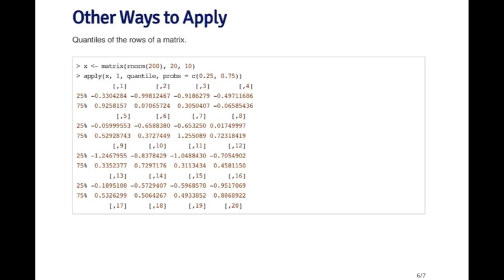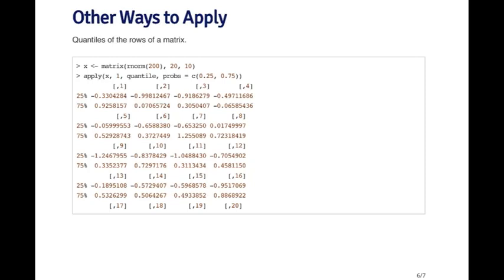Now the quantile function needs the quantiles that you want to calculate, so there's no default value for that. So I actually have to pass it to the quantile function through the dot dot dot argument of apply. So here, the argument for quantile is called probs, and I give it 0.25 and 0.75, meaning I want to calculate the 25th percentile and the 75th percentile.